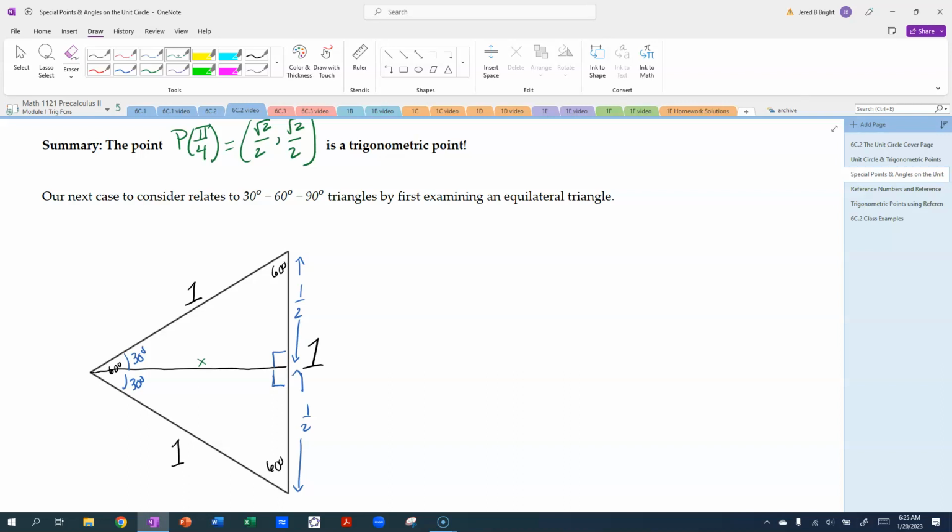I'm going to do this off to the side. x squared, via the Pythagorean theorem: leg squared plus leg squared is equal to hypotenuse squared.